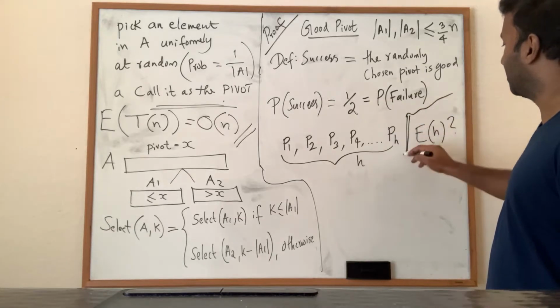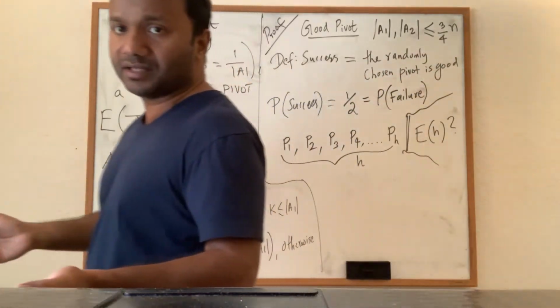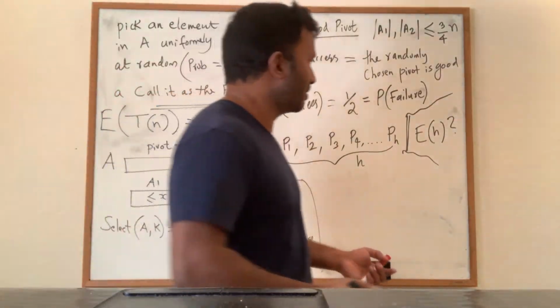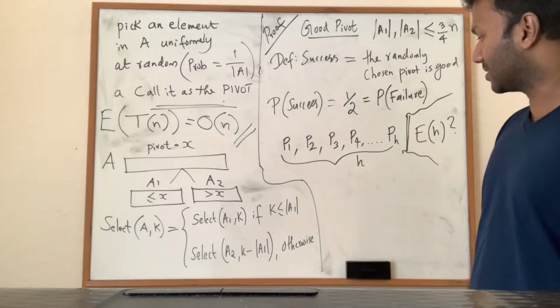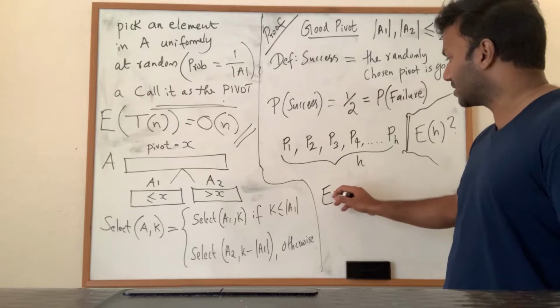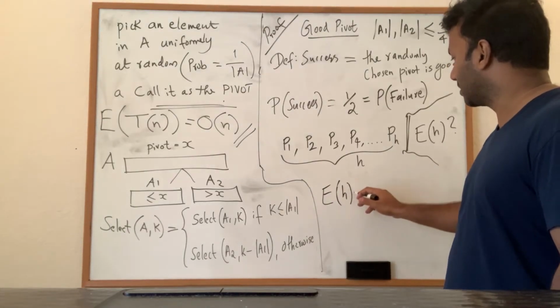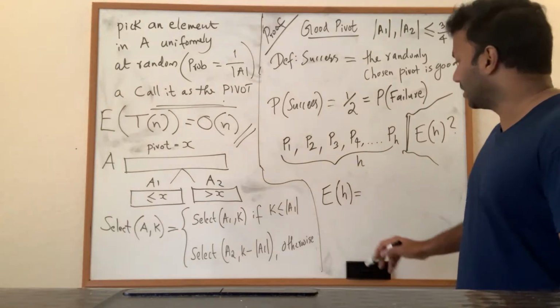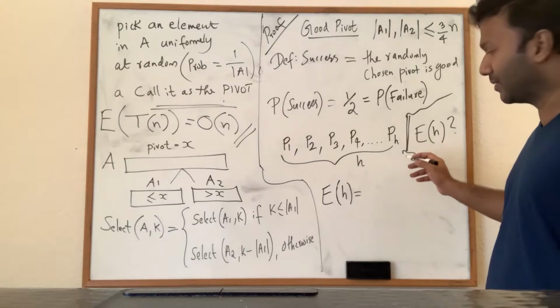This h can be really big, right? h can be really big. h can be even infinity in the worst case. But in the expected case, what is going to be the value of h? Let's see how to compute this, right? Expected value of h is nothing but, h is essentially a random variable, right?